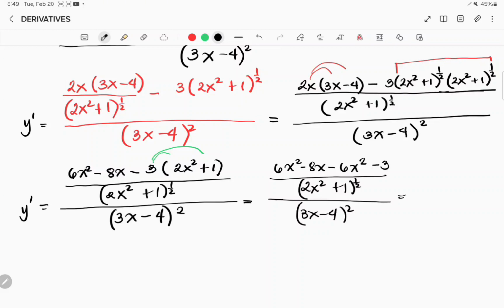And as we simplify the numerator, this is 0, and we have negative 8x minus 3 over 2x squared plus 1 raised to 1 half over 3x minus 4 raised to 2.